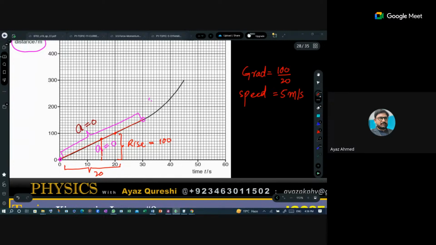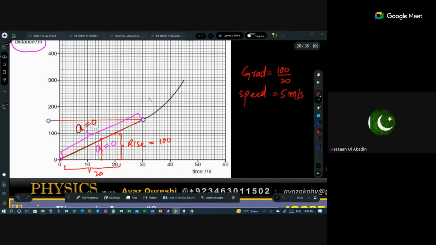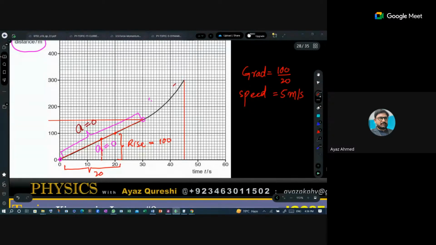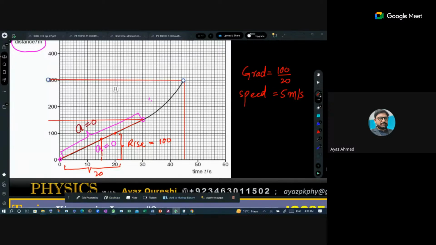It was in between 30 and 45. So 45 would be over here, 1, 2, 3, 4, 5. It would be anywhere here, basically the top edge. In between these two, you have to find the average speed. So what is the average speed then?